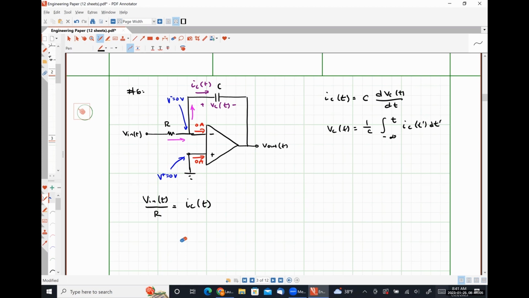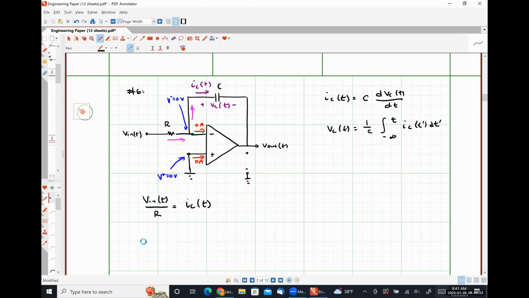So I would argue that V out, which is the voltage measured from this node to ground, is negative VC, because VC is measured between ground and the output node, okay?